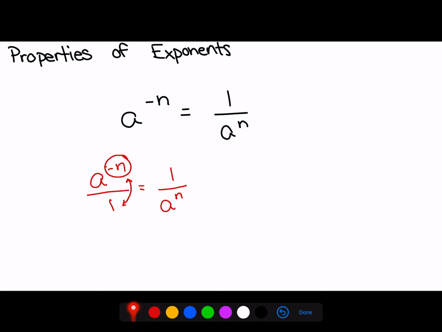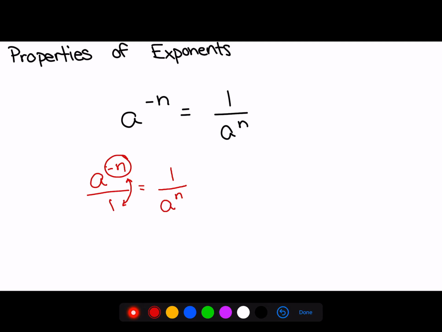So again, if I put this into a fraction, if I move this to a denominator, the exponent switches from positive to negative or from negative to positive. So again, it's just all about putting this into a ratio. As soon as it goes from numerator to denominator, it goes from a negative to a positive.